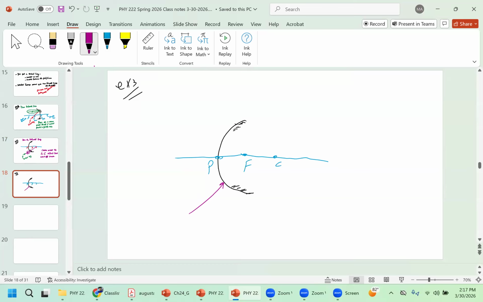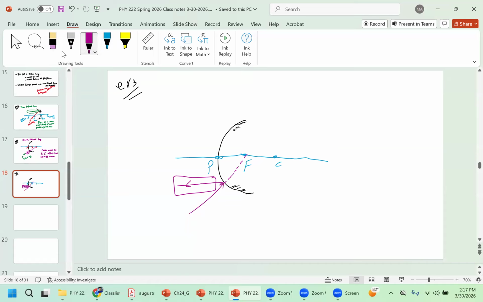Okay, so this is your shiny side, this is your dull side. That means this is going to reflect back parallel, but it has to go toward the focus. So it goes in toward the focus, reflecting parallel.